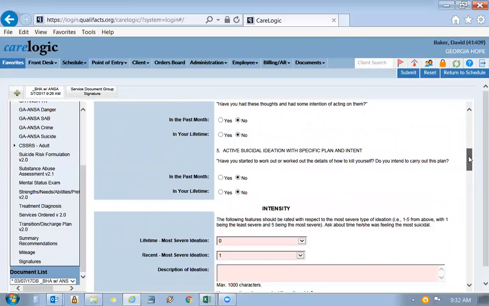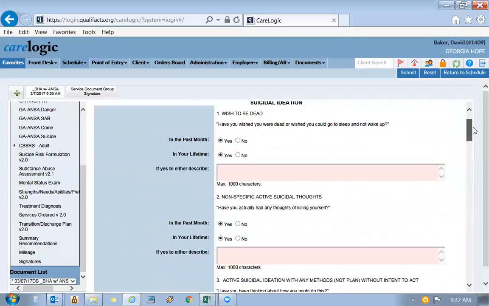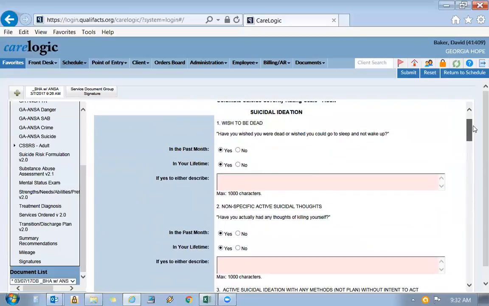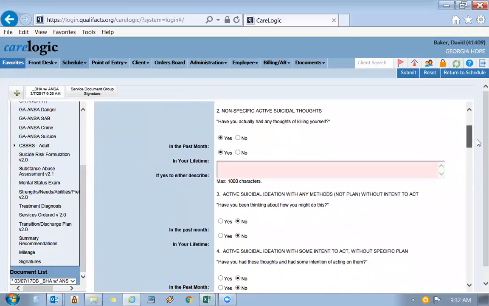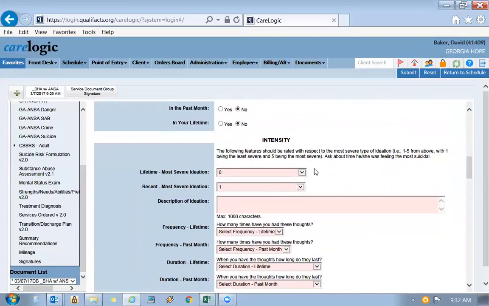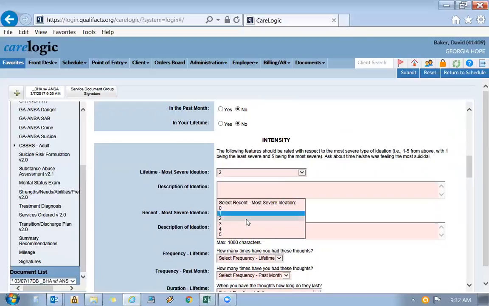Then the corresponding answers that you have down here under intensity: since up here under suicidal ideation the highest numbered questions for both that were answered yes was number 2, then down here under intensity you're going to select number 2.